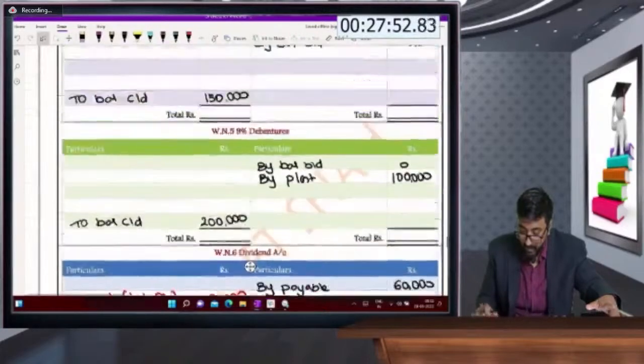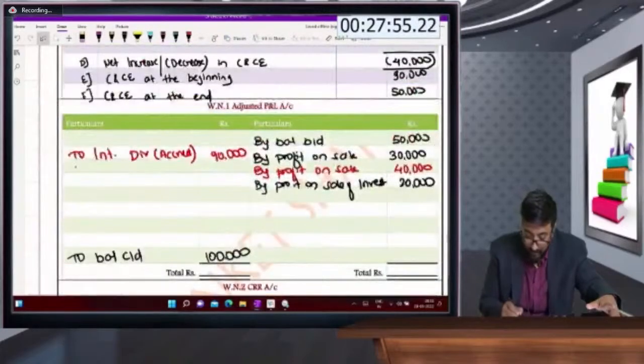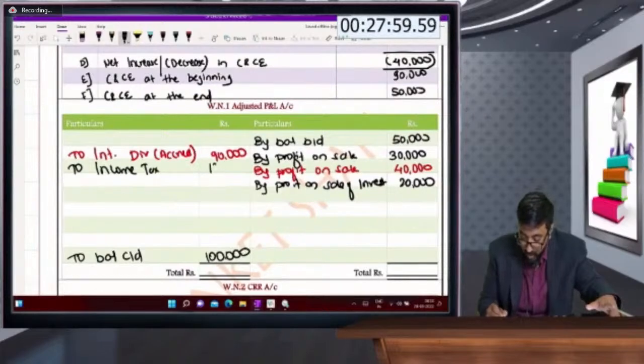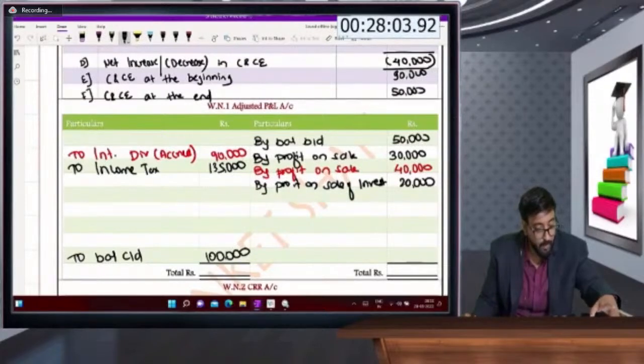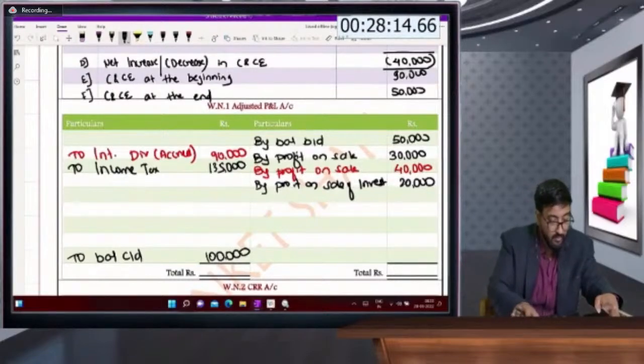And second effect, adjusted P&L debit to income tax, which is accrued, 1,35,000. Depreciation on plant and machinery is 15%. Correct?